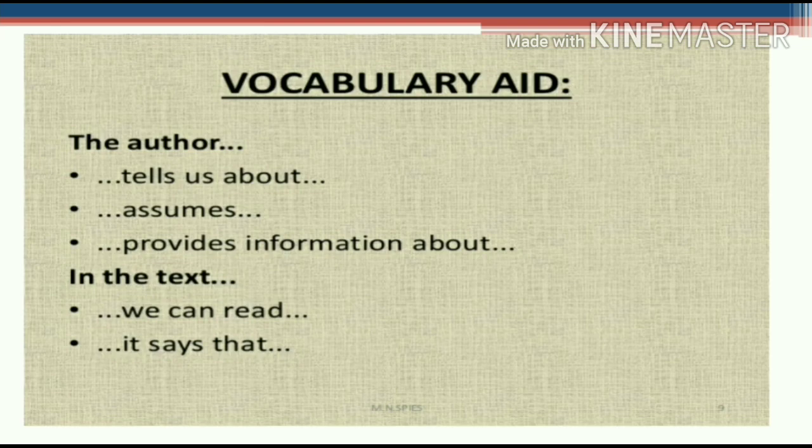You can even say the author tells about so and so things, assumes, provides information about, we can read, it says that, etc. So dear student, these are the vocabulary-related aids.